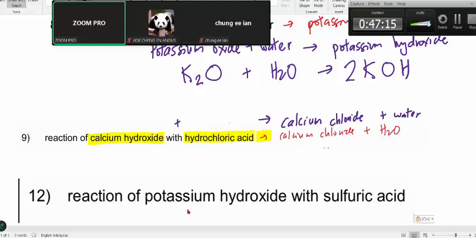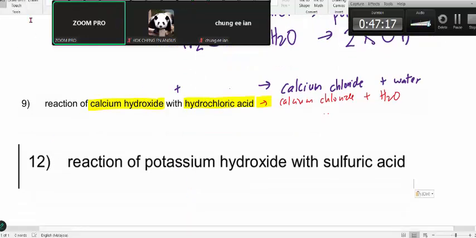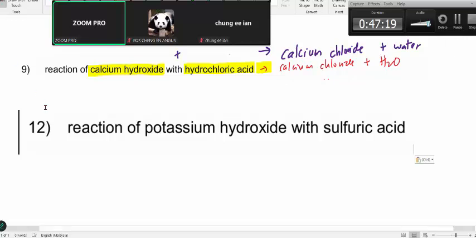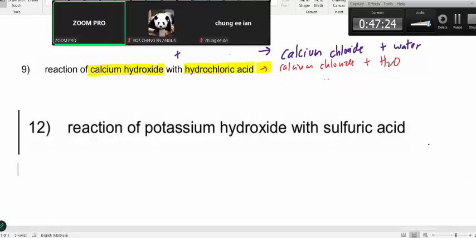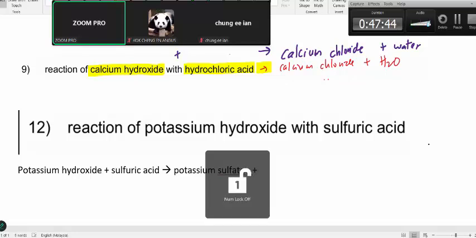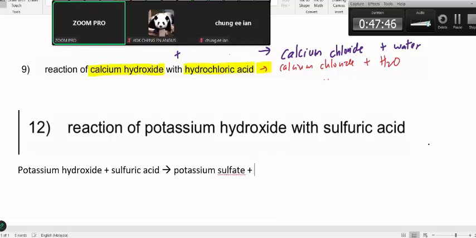So this reaction would be potassium hydroxide plus sulfuric acid become potassium sulfate plus water.